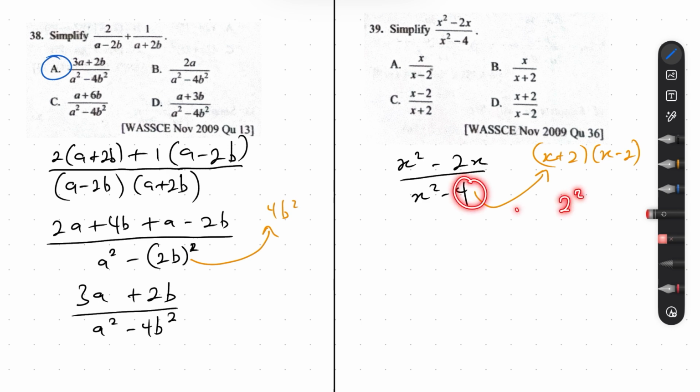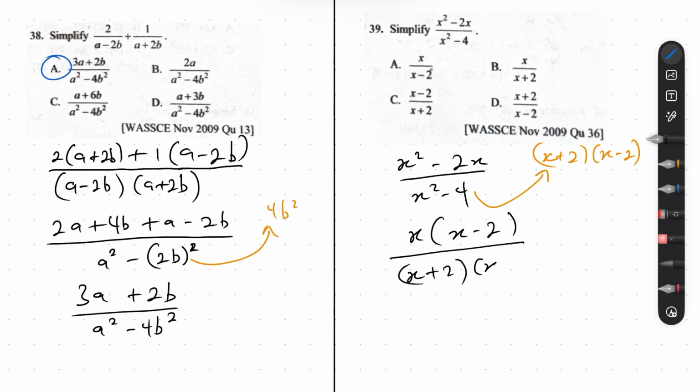So we have x squared minus 2 squared, which is a difference of 2 squares. Also on top, we have x squared minus 2x. We can factor x out. So we have x times x minus 2 all over x plus 2 times x minus 2.